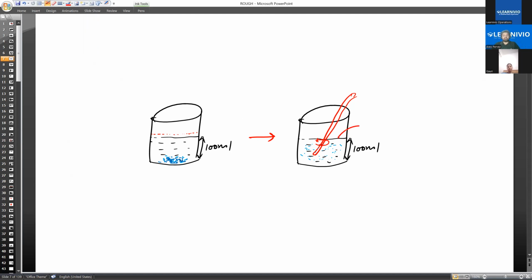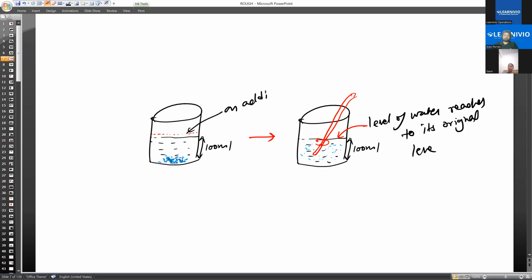The level of the water will become the same. The level of water reaches its original level, whereas on adding some undissolved sugar the level of the water rises.